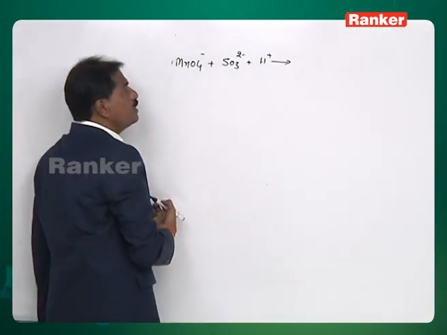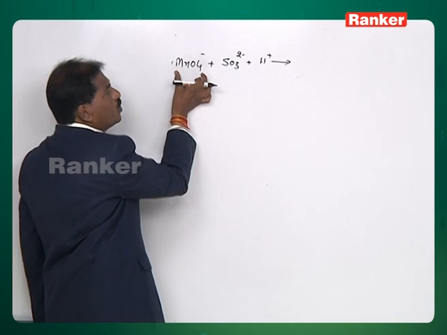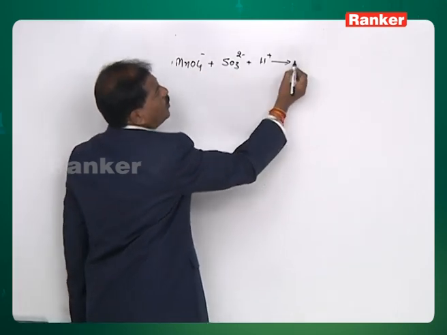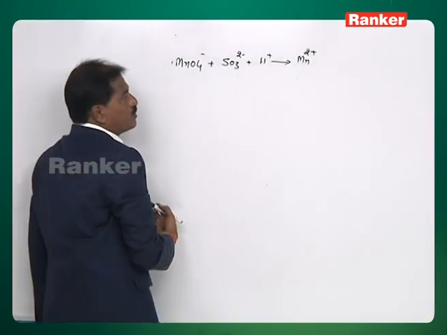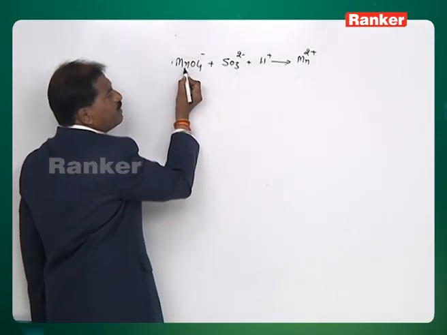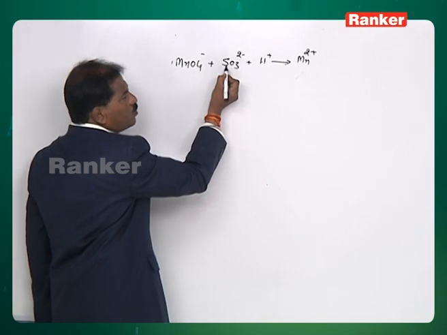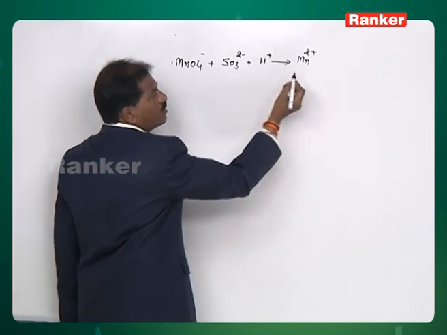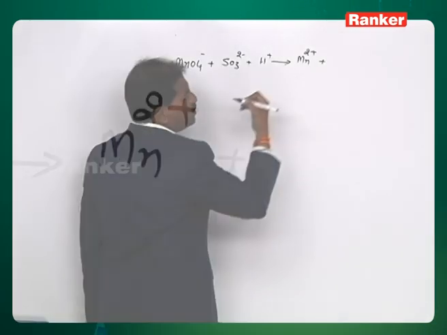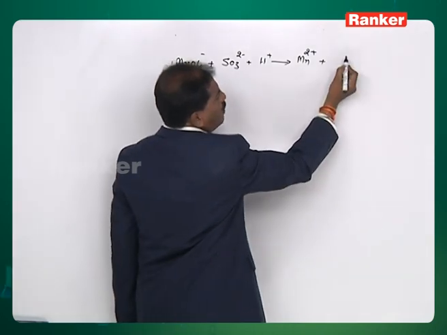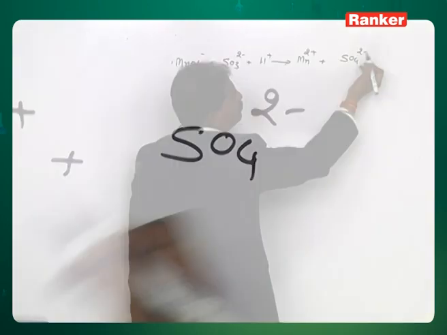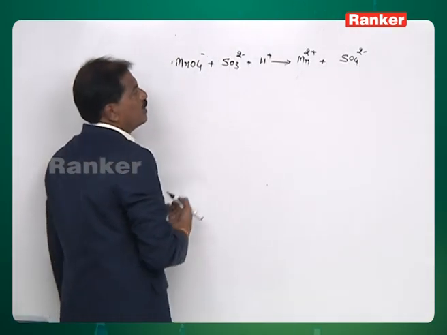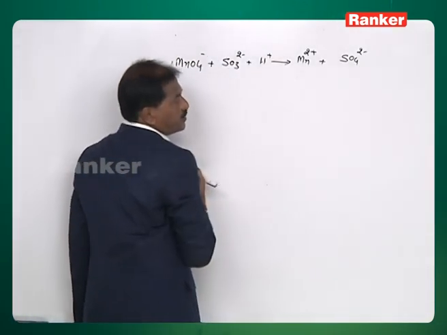In acidic medium, KMnO4 will always reduce to Mn2+. Since it is gaining electrons, the sulfite ions SO3 2- have to undergo oxidation. Sulfite will always be oxidized to sulfate, SO4 2-. This is sulfite, this is sulfate.